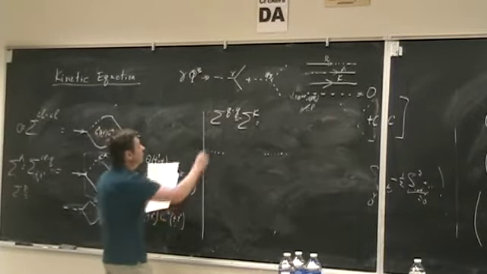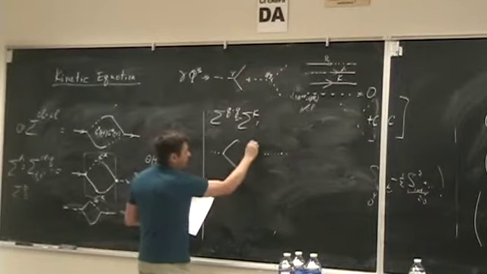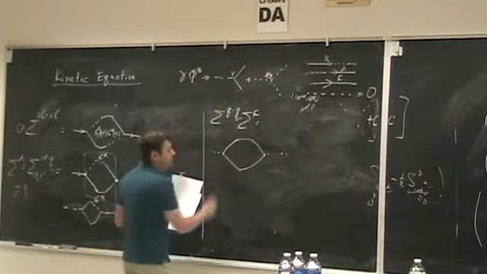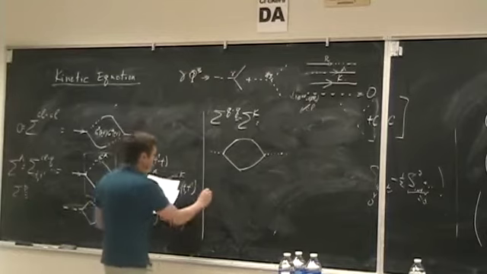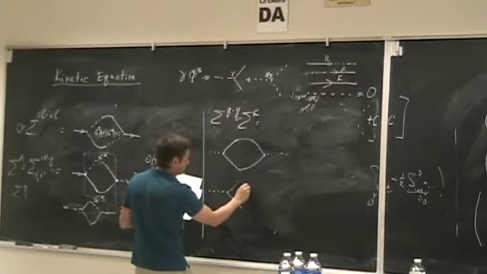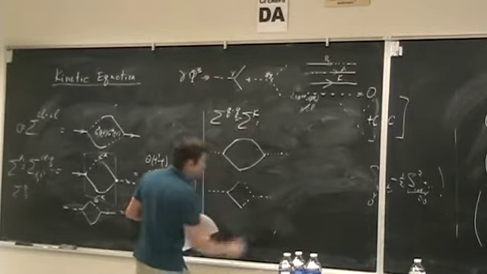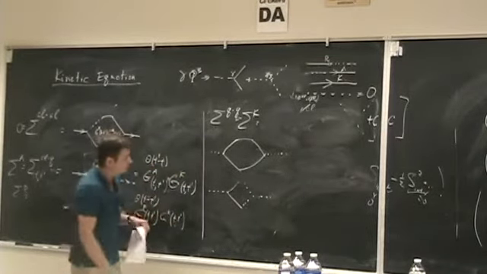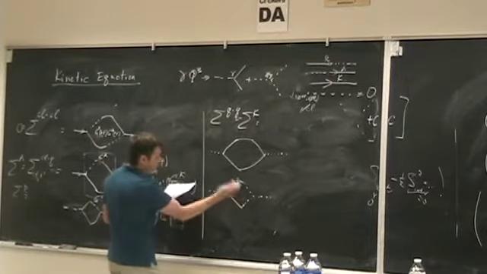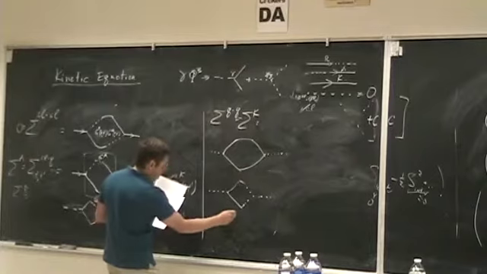I can again take two of those, so then I will have a diagonal like this. But I could also take one of those and one of those, and I can have an opposite situation like that.